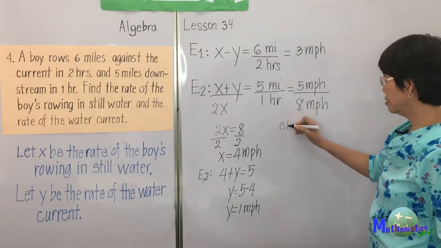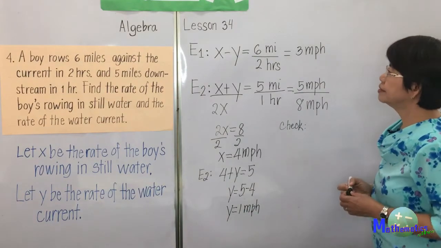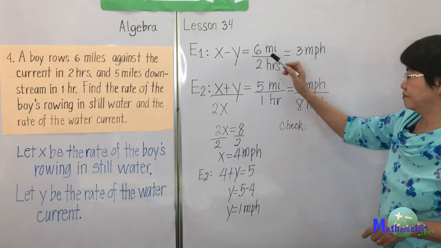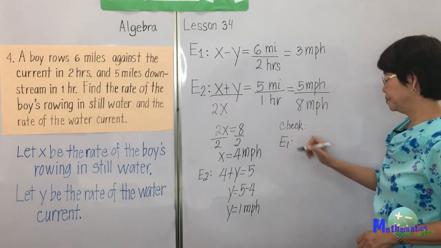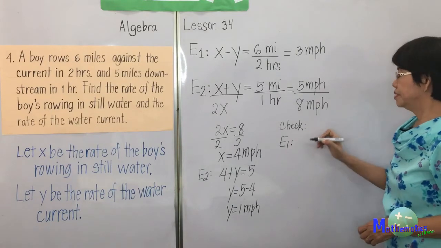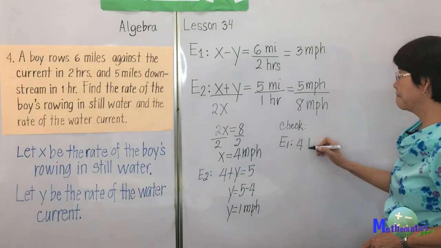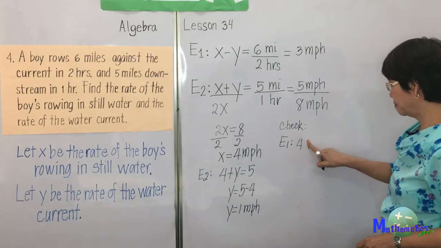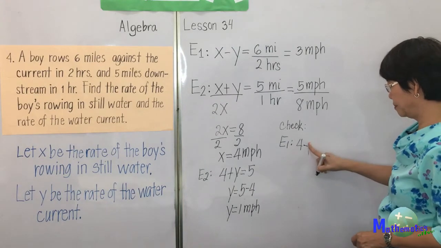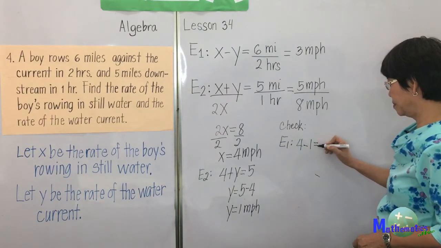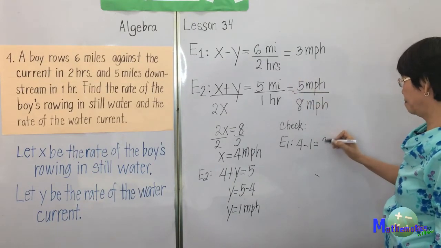And then you will check using the first equation, equation 1. So x is equal to 4 minus y, minus 1, is equal to 3.